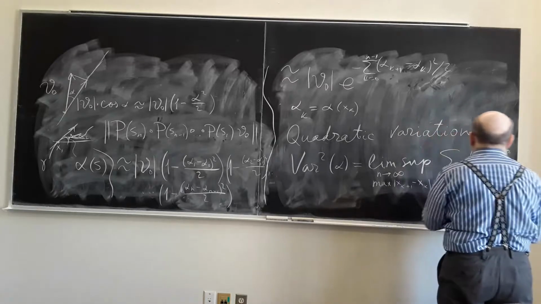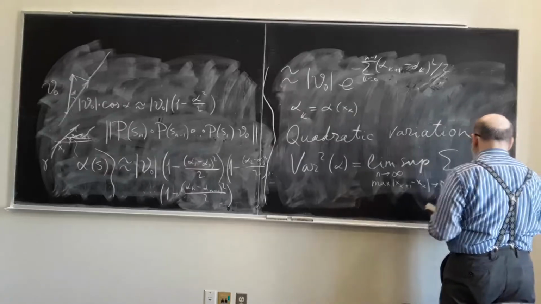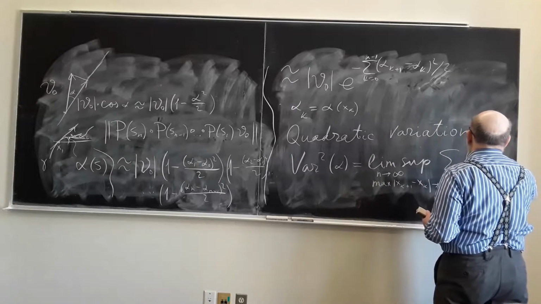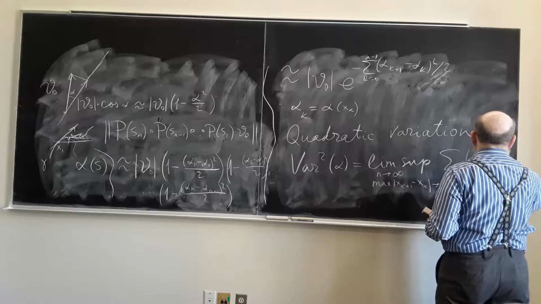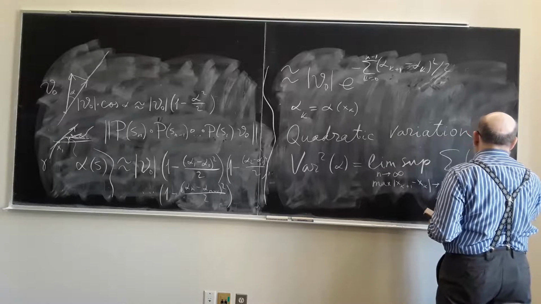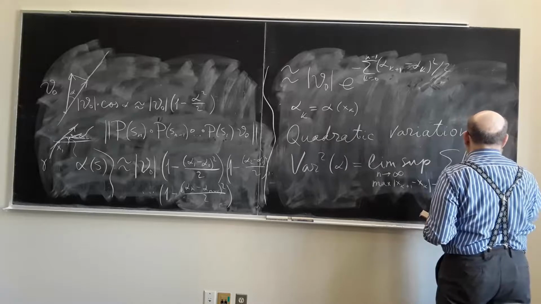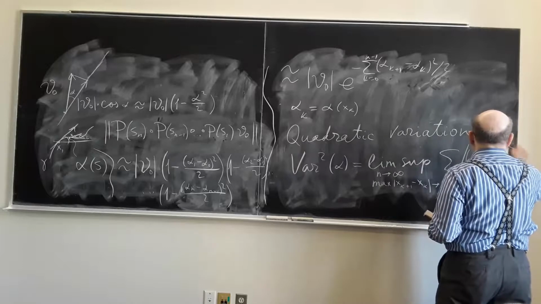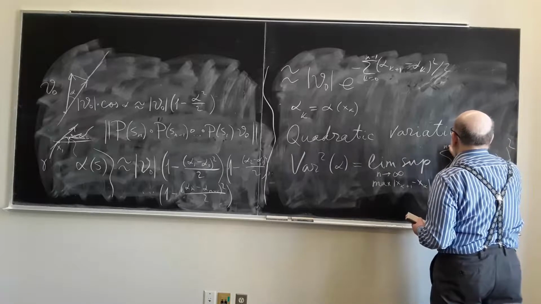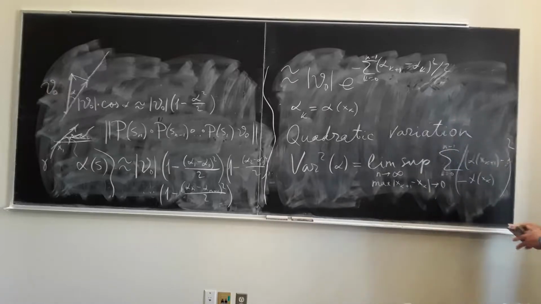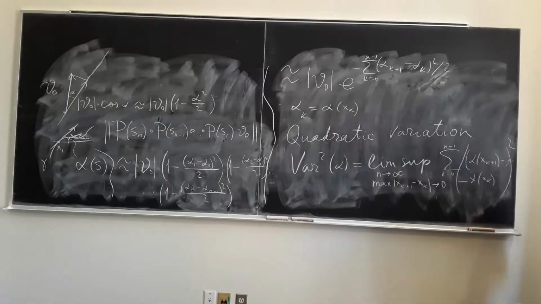Let me write: alpha(x_{k+1}) minus alpha(x_k), all this squared, k from 0 to n minus 1. Yes, so this is quadratic variation.